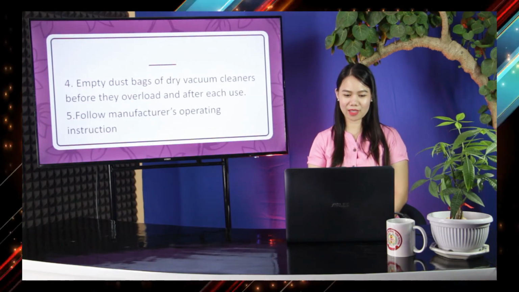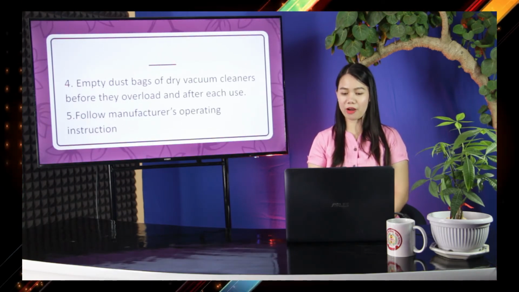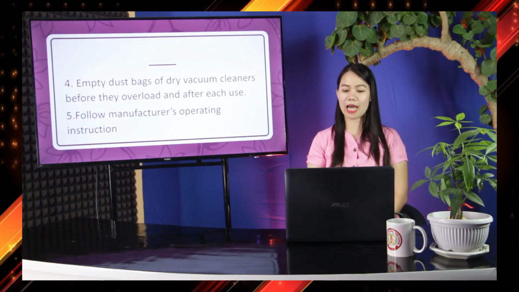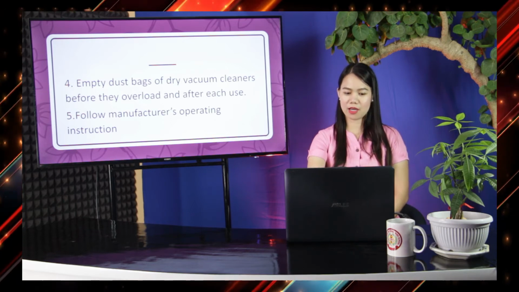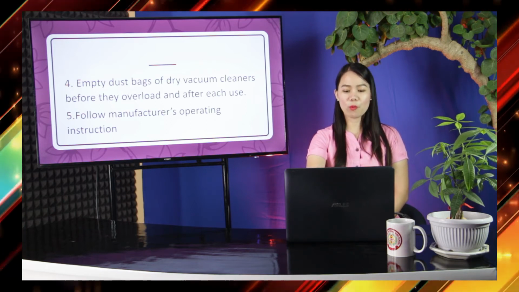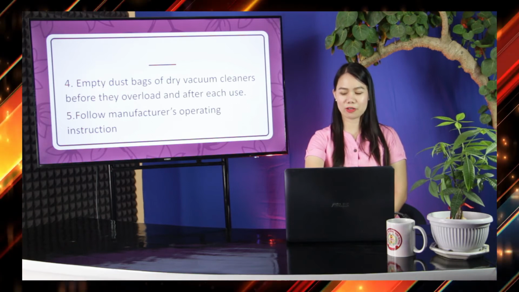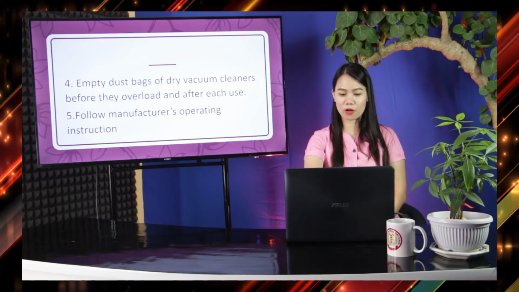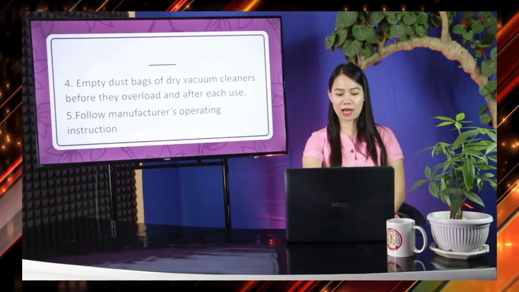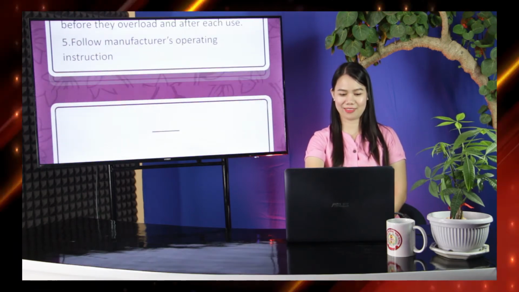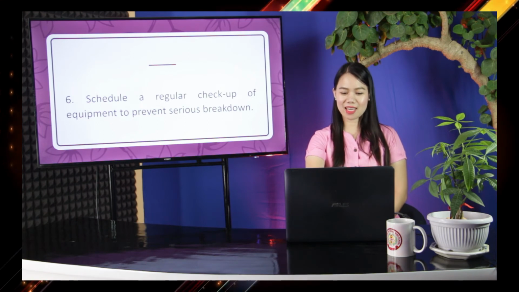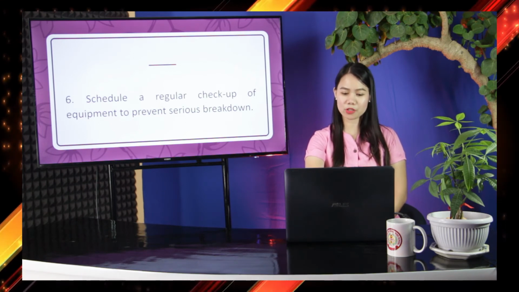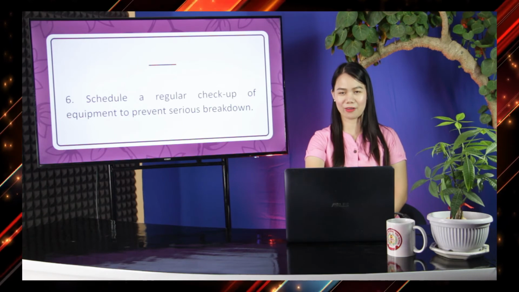Number 4. Empty dust bags of dry vacuum cleaners before they overload and after each use. Number 5. Follow manufacturer's operating instructions, especially if you are a first-timer. So we need to follow the instructions. Number 6. Schedule a regular checkup of equipment to prevent serious breakdowns.